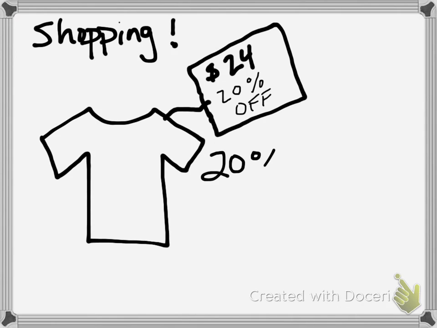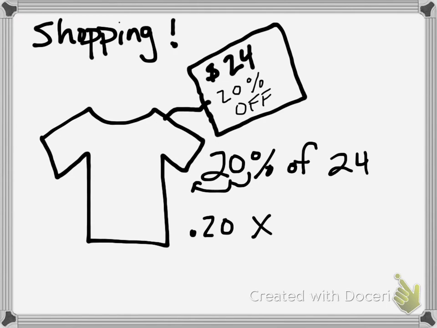Well, now you can figure this out pretty quickly, because you know this little secret. Move your decimal point 2 spots to the left. You now have 20 hundredths times 24.